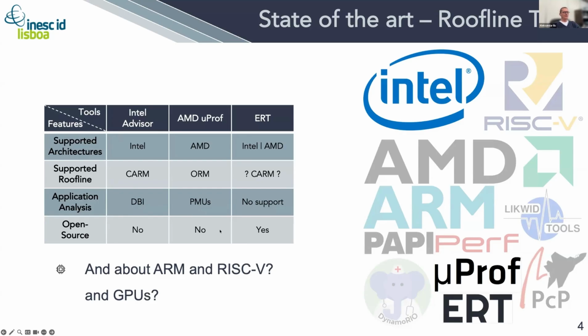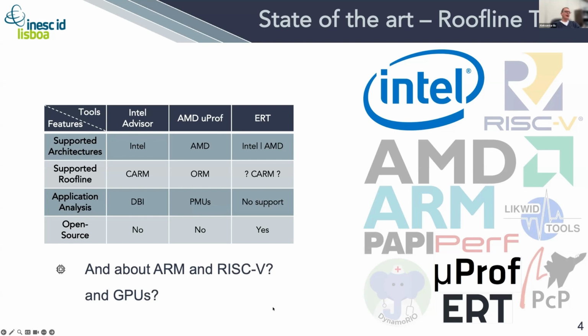The same applies to AMD uProf, which actually applies the original roofline model and uses counters for application profiling. Both of them are not open source and they're vendor locked, so they typically work only for x86 architectures.